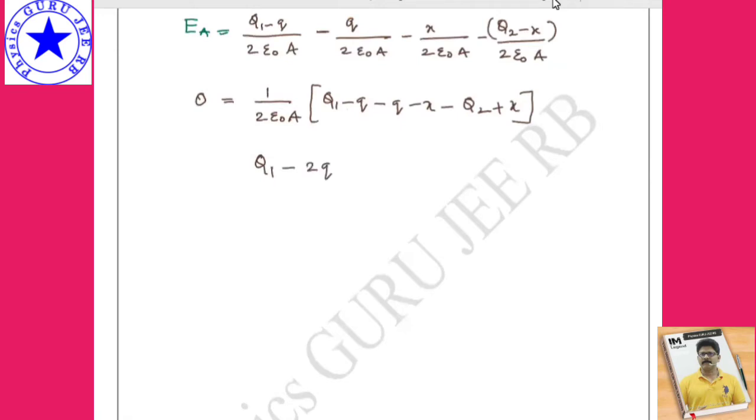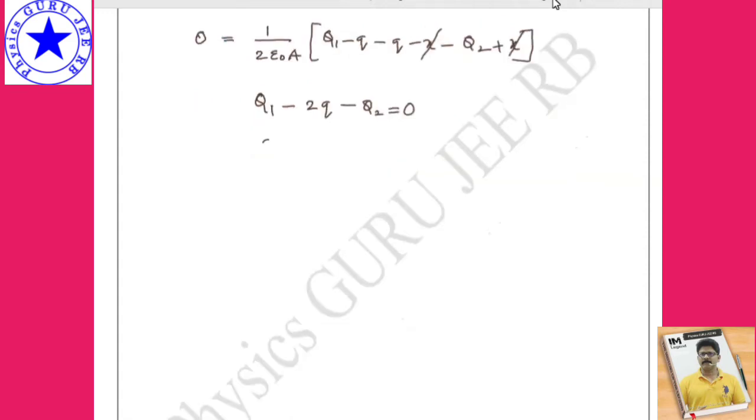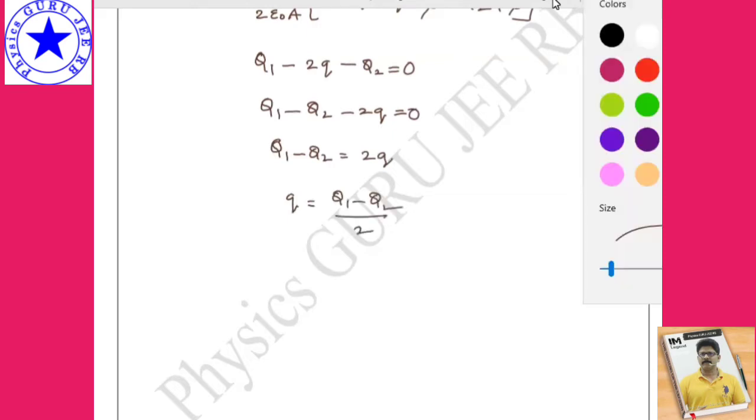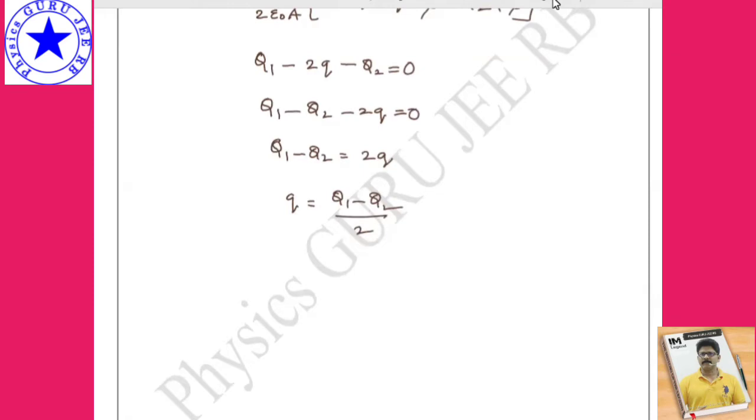Here X will get cancelled, so minus Q2 equals 0. Now what I'm getting, Q1 minus Q2 minus 2Q is equal to 0, or we can write Q1 minus Q2 equals 2Q, or simply Q is equal to Q1 minus Q2 divided by 2. So this is nothing but the charge inside, Q. Q is the charge inside, you can see here.